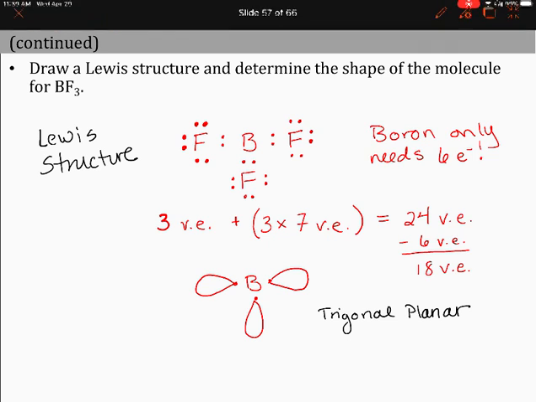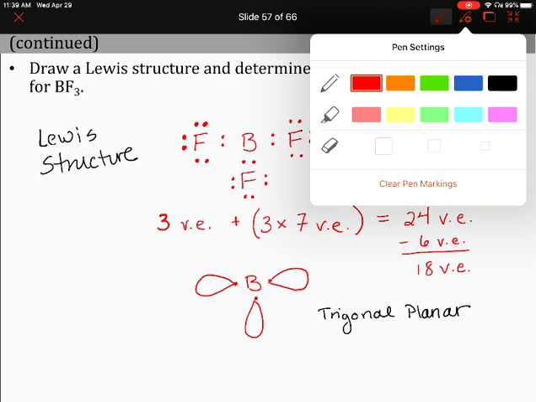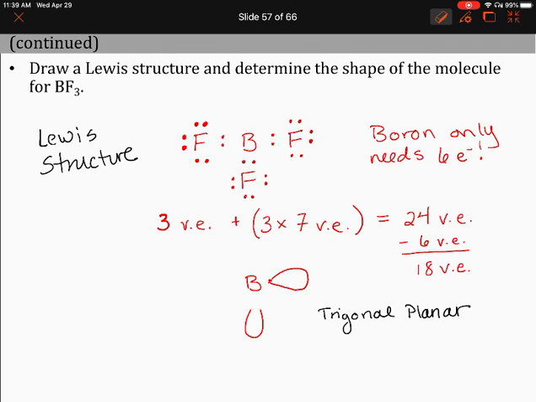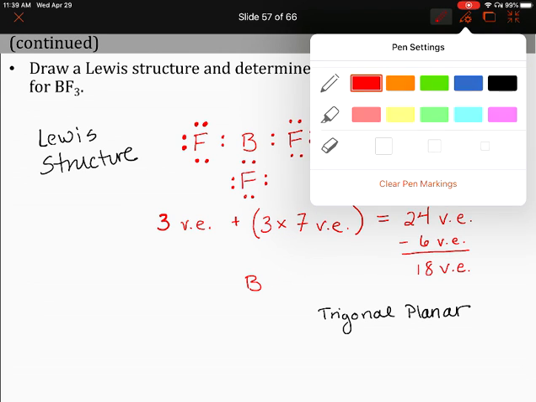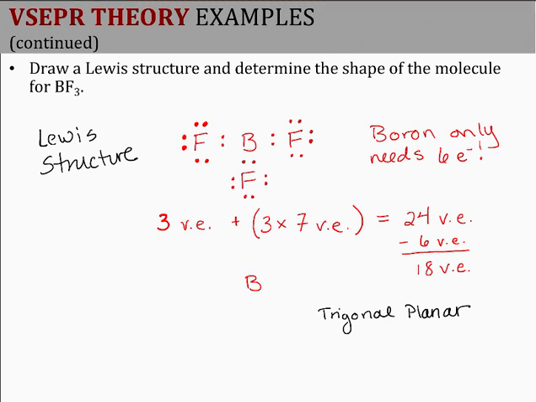So these balloons down here, I'll actually redraw these so that they're in the right shape. So these would be more so like this, where they're all 120 degrees apart.